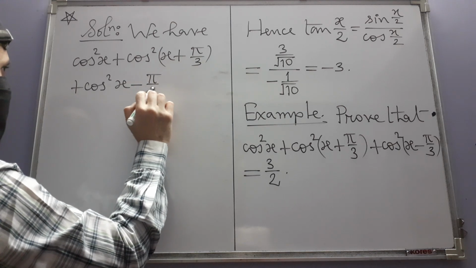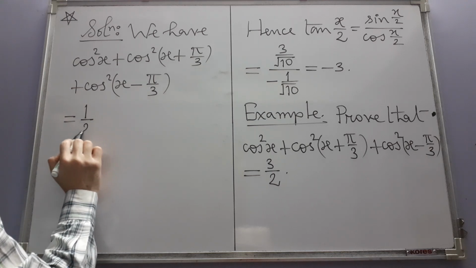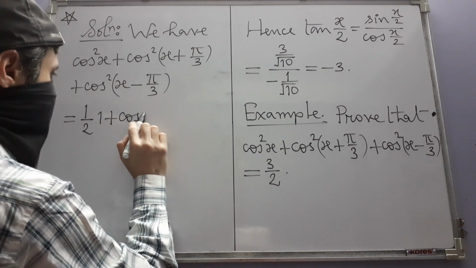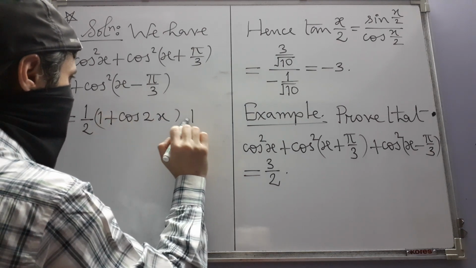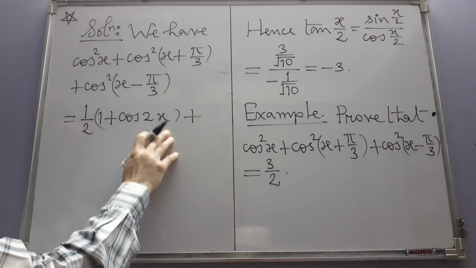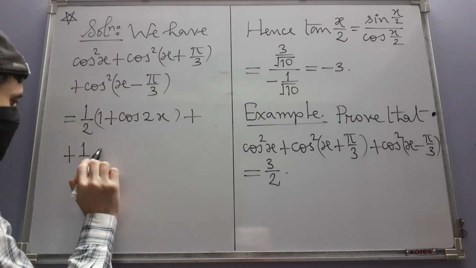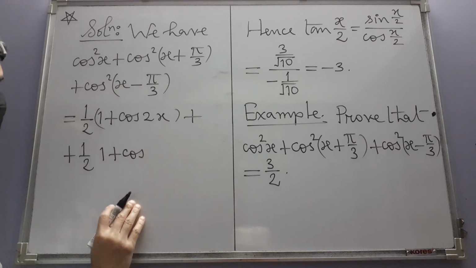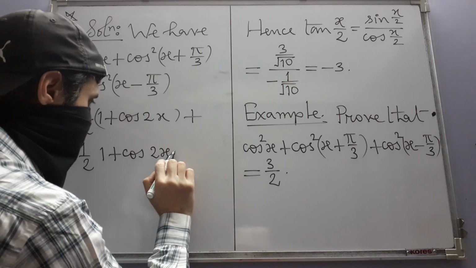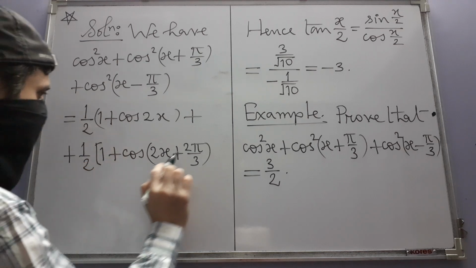Minus pi over 3. So let us first write the formulas and then we will combine everything. 1/2 of 1 plus cos 2x. So the first one is pretty easy, it's just cos square x. So from this form of the formula you can now write the ones for these other two. Plus 1 over 2, 1 plus cosine, now square is no longer there but the angle doubles, 2x plus 2 pi divided by 3.